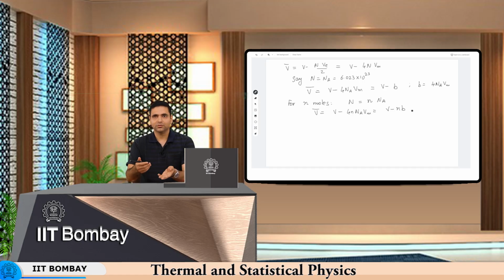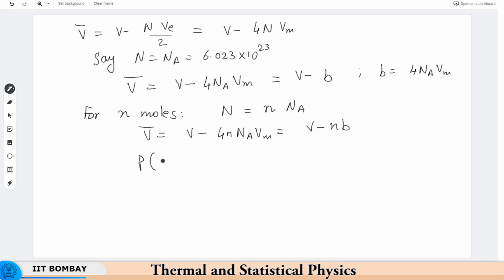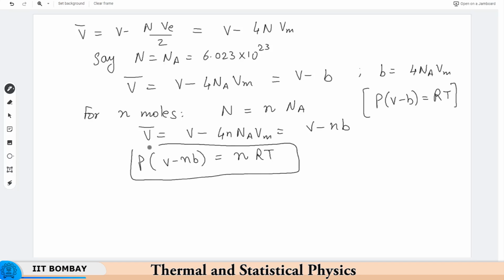Therefore, the correction to the ideal gas due to finite volume of these molecules goes as follows. This basically looks like P times V minus nb equals nRT. For 1 mole, this was P times V minus b equals RT, but for n moles, this is what the correction looks like.